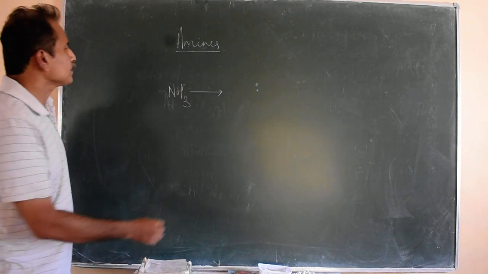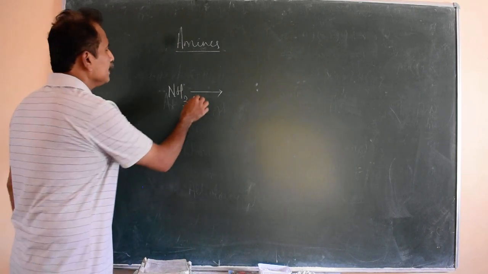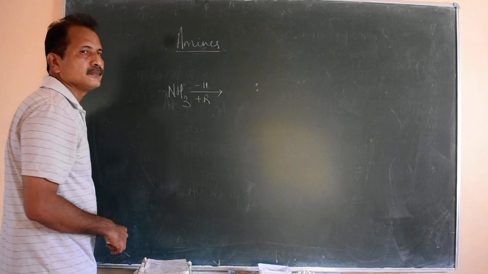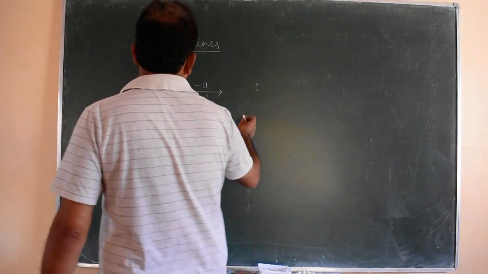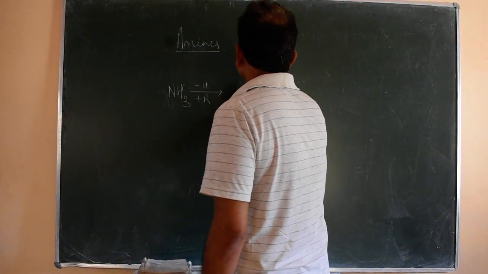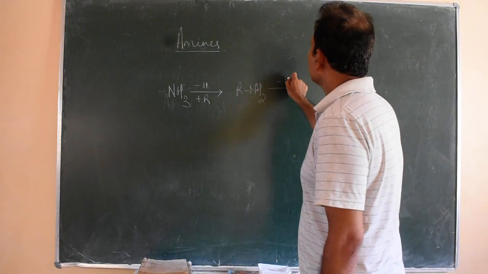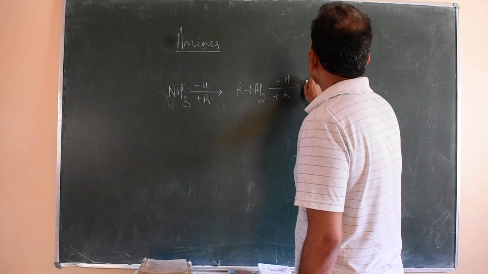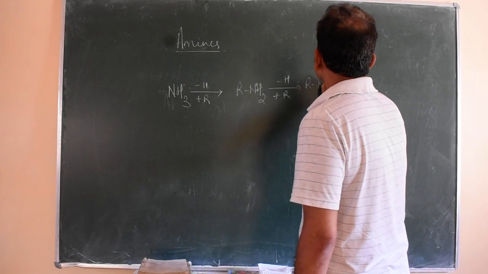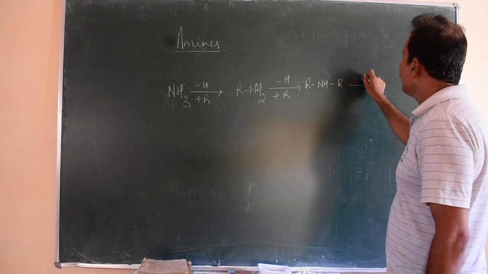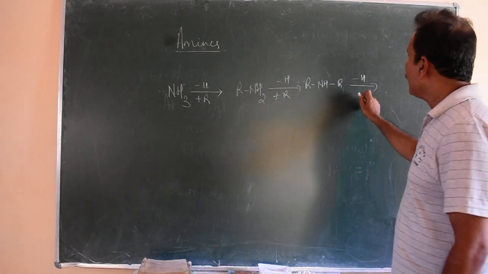from ammonia molecule. So I can write, just to show you, minus H plus R. Okay. So what happens? You get R dash NH2. Then replace one more, minus H plus R. You get R dash NH dash R. Again you minus one hydrogen, add one alkyl.